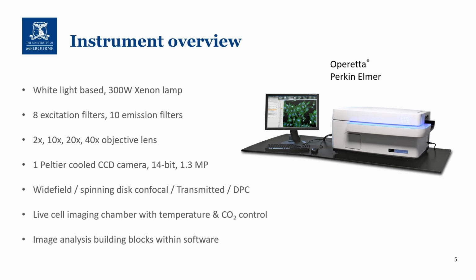The detector is a Peltier-cooled CCD camera that's capable of 14-bit images. It can be used for imaging in different modes, such as wide field, spinning disk confocal, transmitted, and digital phase contrast. The system also has a live cell imaging chamber with temperature and CO2 control. And finally, the Harmony acquisition software has integrated image analysis building blocks.